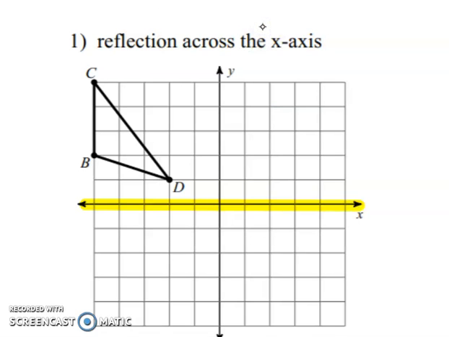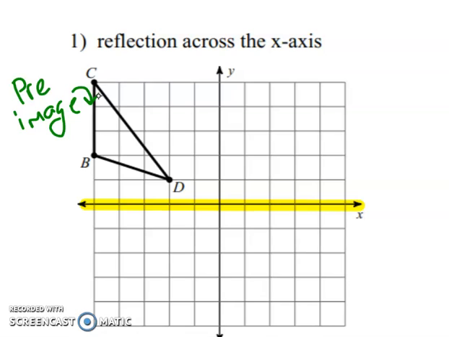Remember, before we do a transformation, whether it's a translation, which is our slide, a reflection, which is our flip, or soon a rotation, we always talk about the pre-image. So this triangle is the pre-image because it's before we perform this transformation.